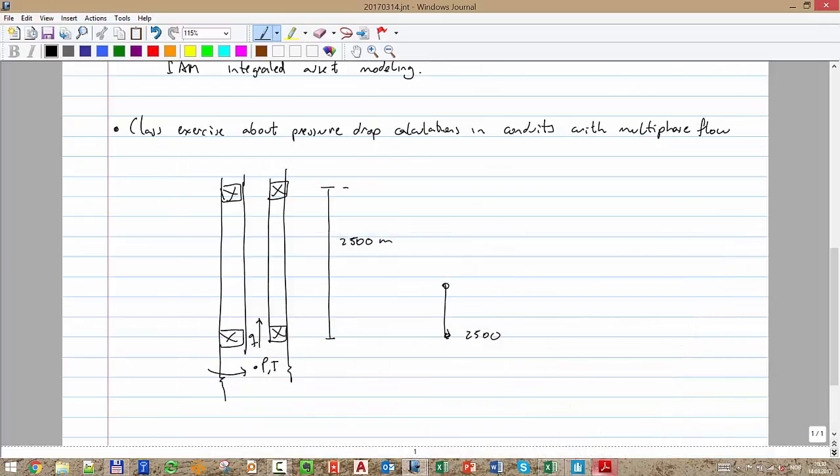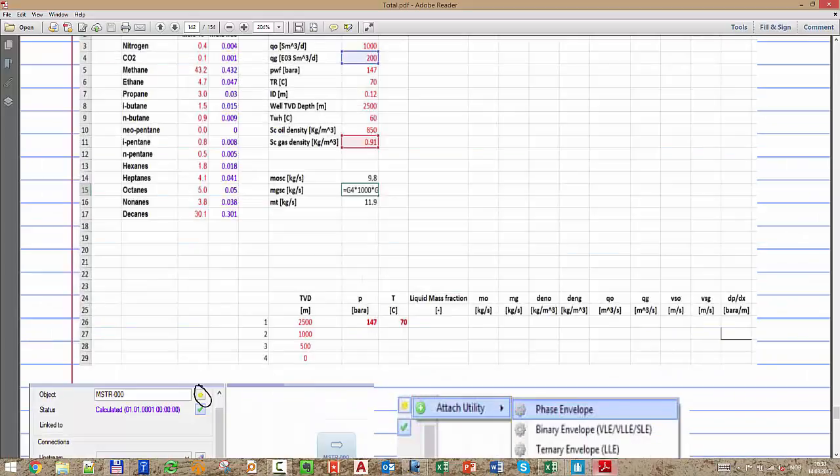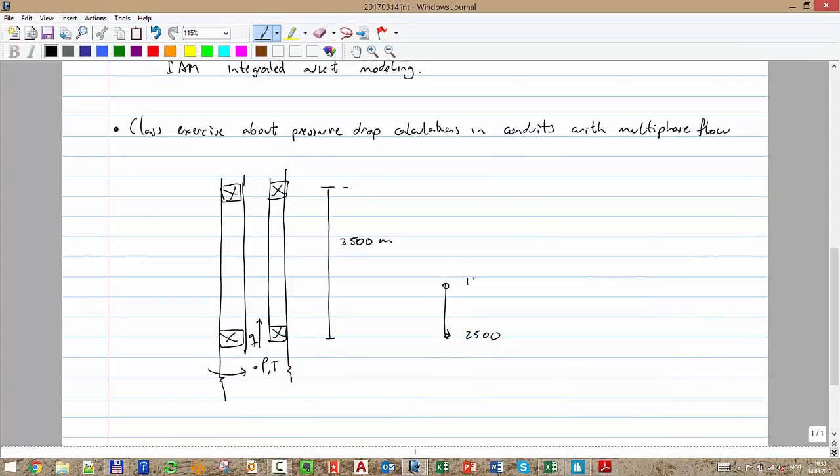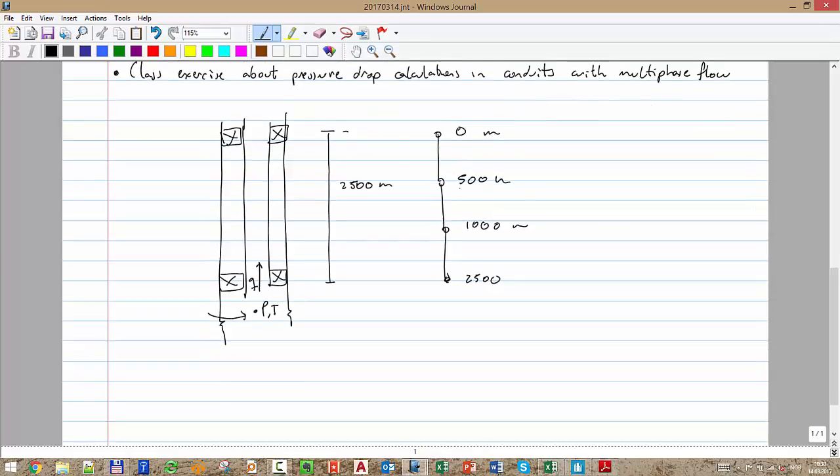Well, no, I think we use a mesh that is not exactly regular, but it jumps to 1000, then jumps to 500, and then goes to 0. That's not very common, okay? Usually we use regular mesh, but okay, for the sake of the exercise.